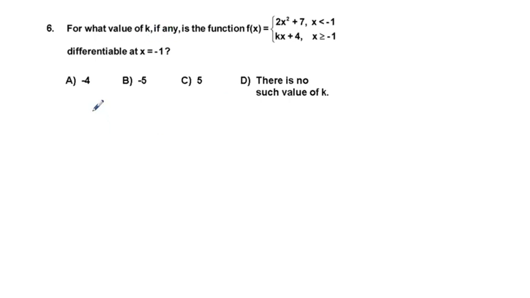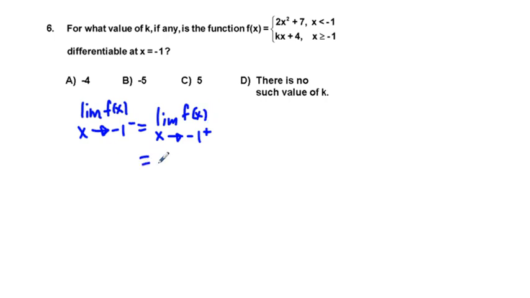So for continuity first, we would write this as the limit as x approaches -1 from the left side of f of x equals the limit as x approaches -1 from the right side of f of x.